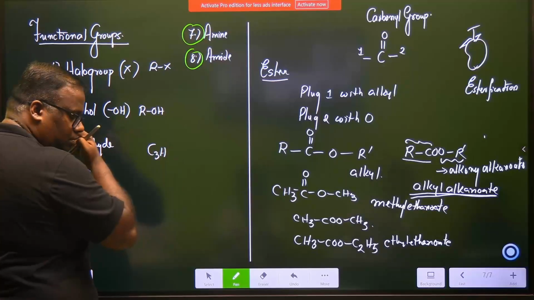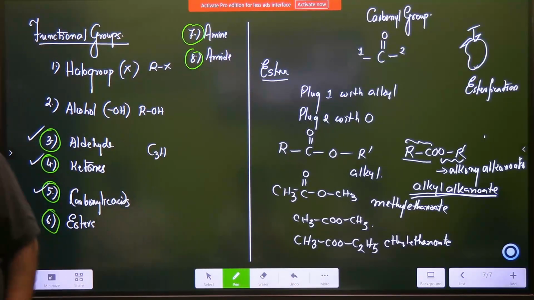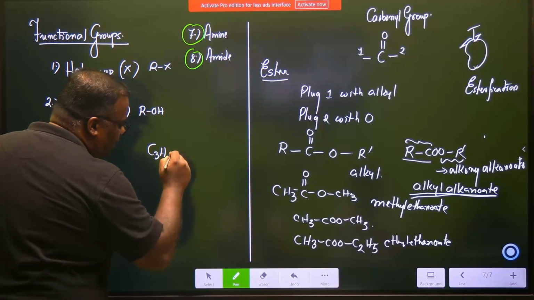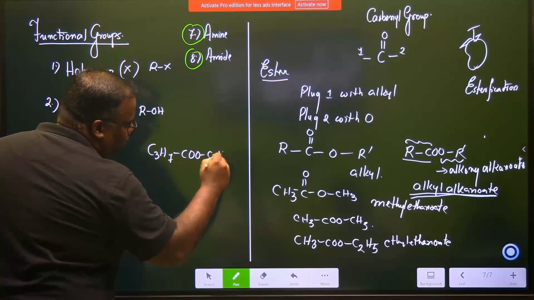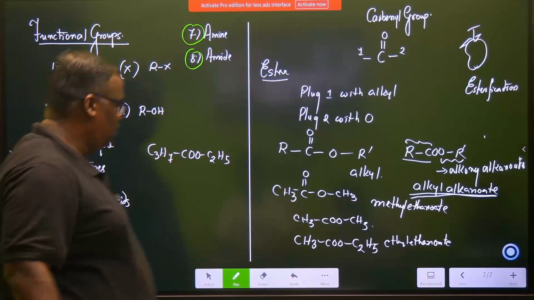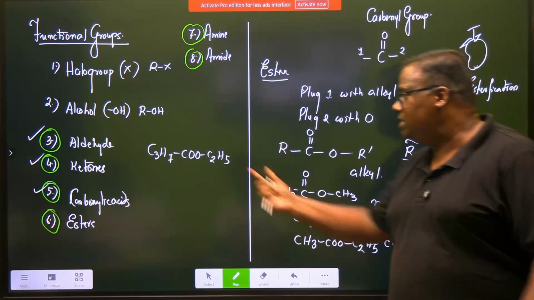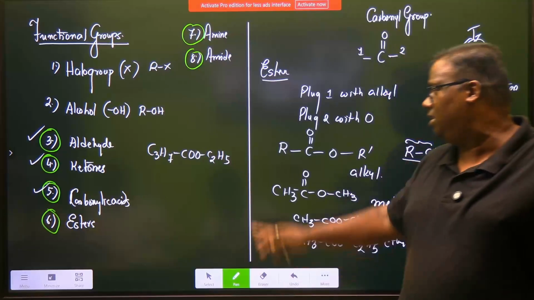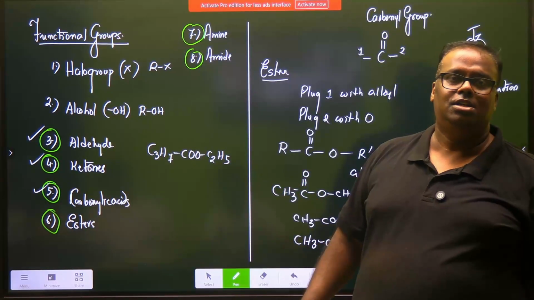C3. 3 means, tell me the alkyl with C3. 3 twos are 6, 6 plus 2, 8, minus 1. C3H7, COO, C2H5. Let's see. Chal, Shreya, all others quiet. You will name this. Who is attached with oxygen? You may make a mistake, no worries. How many carbon atoms? 2 carbon atoms.